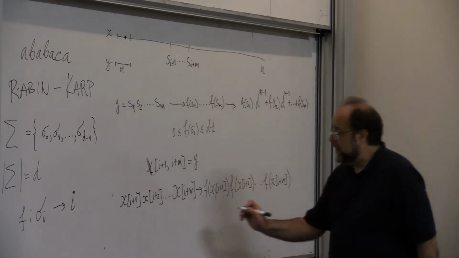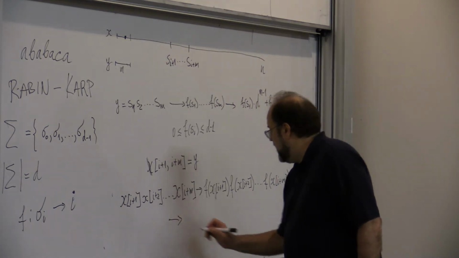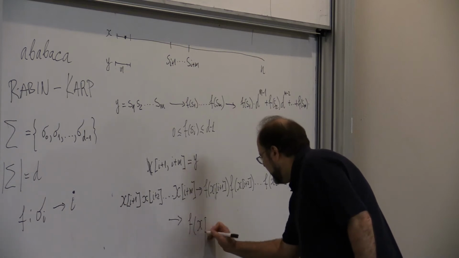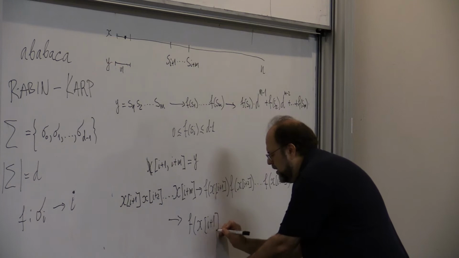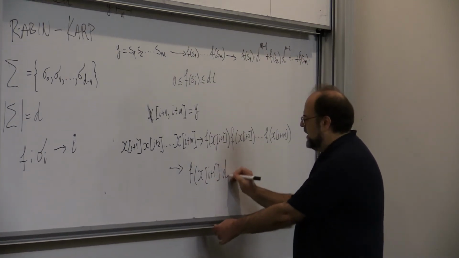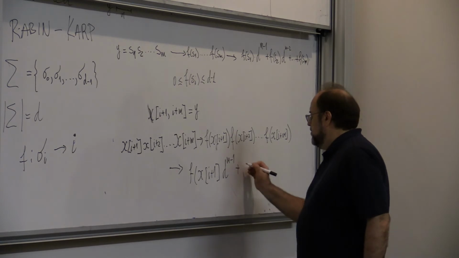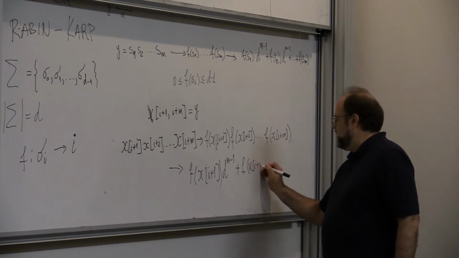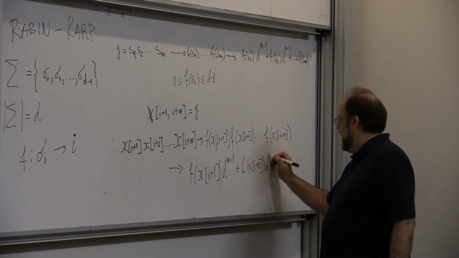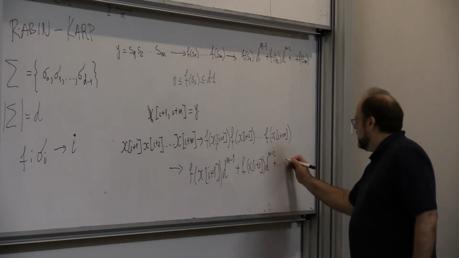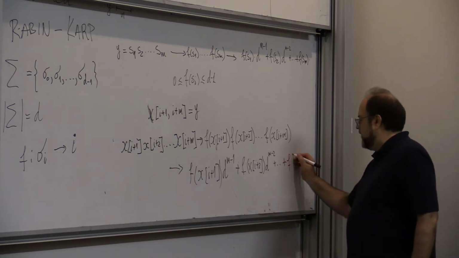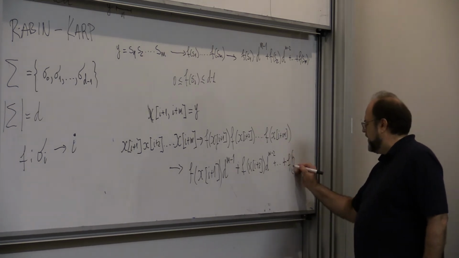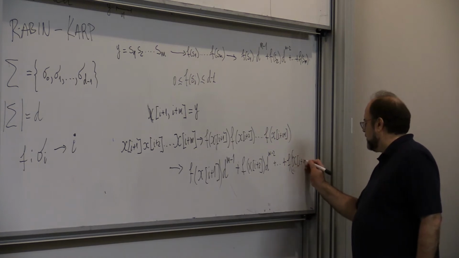And then one step further, we can map this into f of x i plus 1 times d to the m minus 1 plus f of x i plus 2 times d to the m minus 2 plus all the way at the very end we just have f of x i plus m.